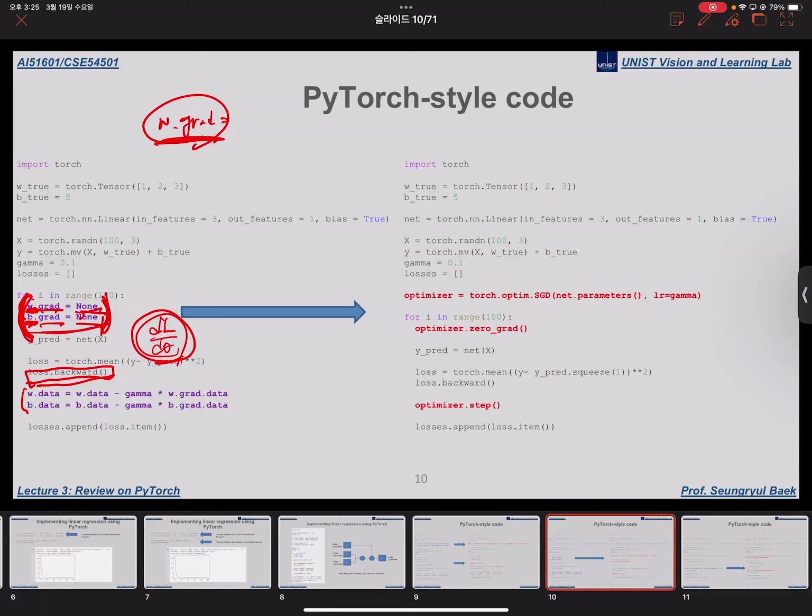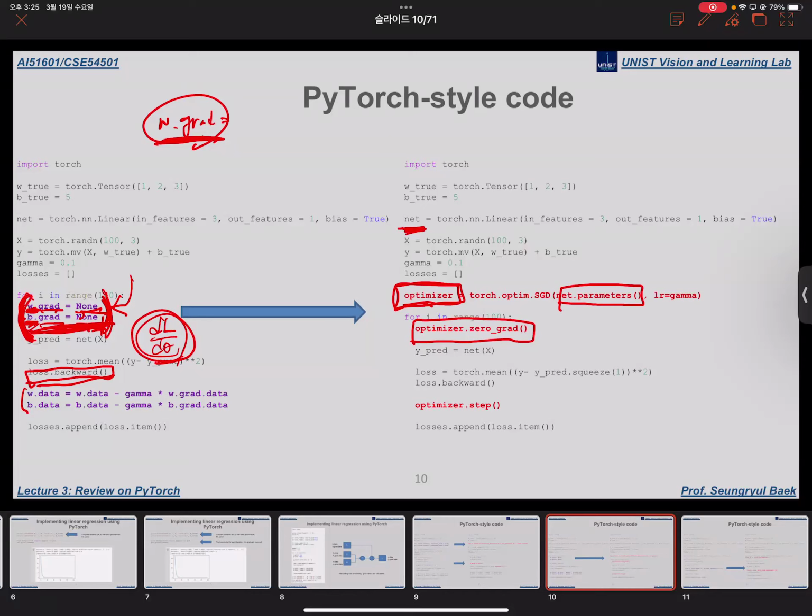But if you have many parameters within your architecture, typing this line of code would take hundreds of lines. So PyTorch makes it easy by providing you this zero_grad function. So you have to explicitly define this optimizer, which has access to all the parameters of the net architecture you already defined.